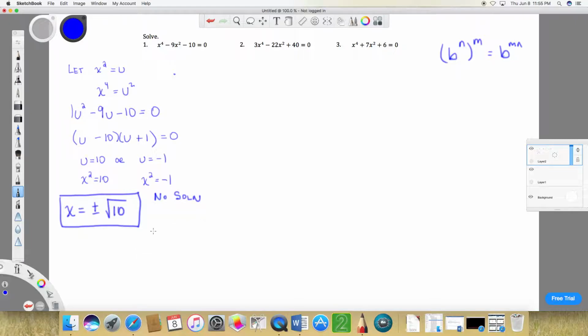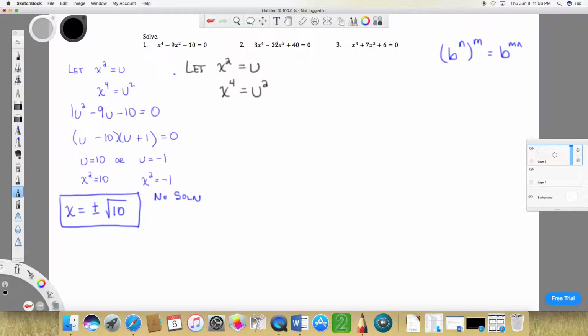All right, now let's tackle number 2, and we'll do it in the same way. We see this x squared, and we're going to let x squared be u. And we're going to let x to the fourth power, if we square both sides of this, be u squared.